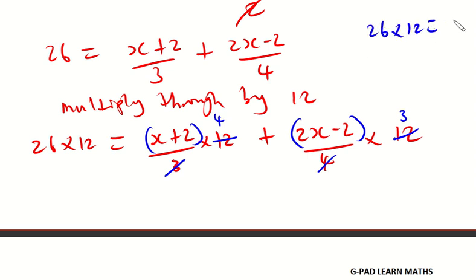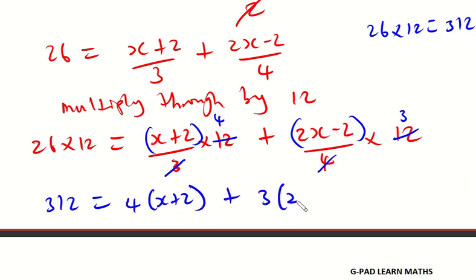Work it out, it will give you 312. So 312 is equal to, I can write the 4 in front of the bracket. It's the same thing, whether at the front or at the back.